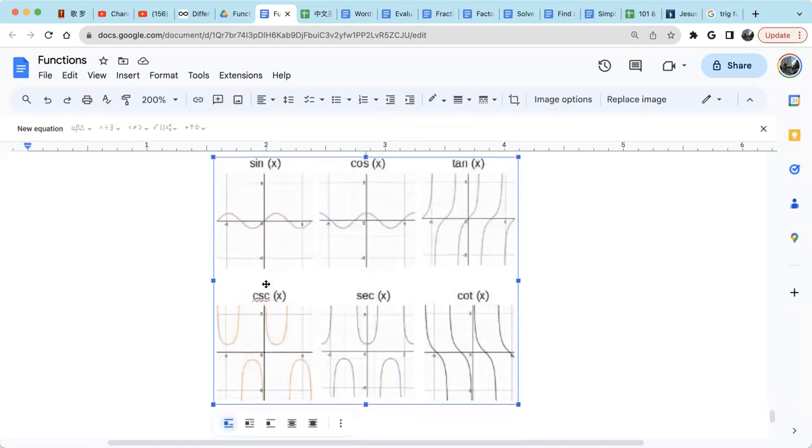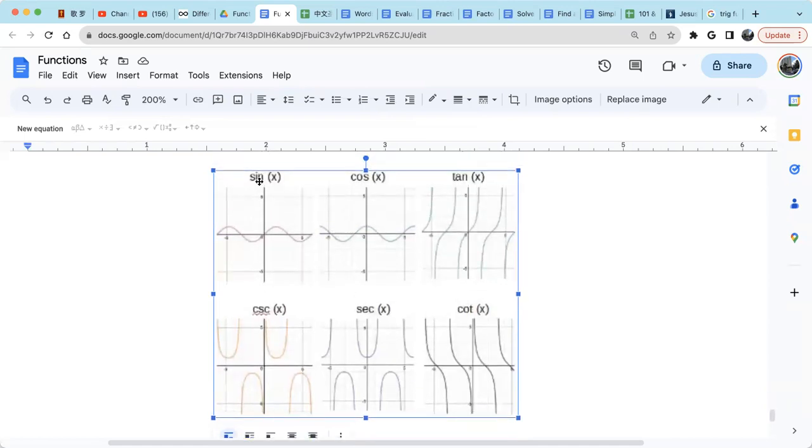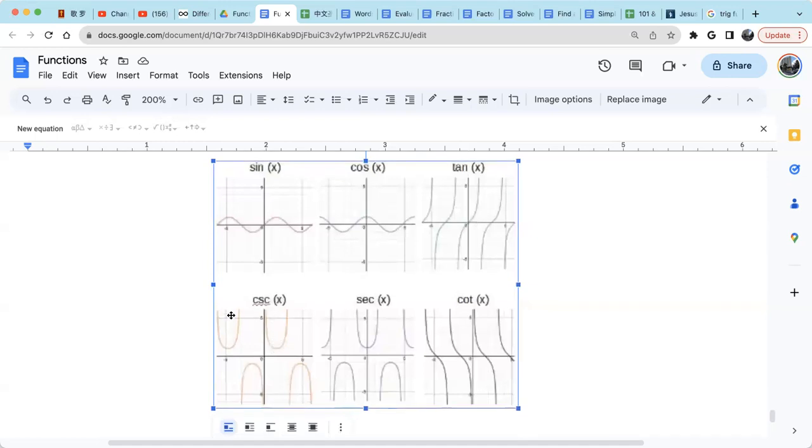This is cosecant. Cosecant equals 1 over sine. So you see the graph is different, almost like the opposite, right? Sine has no graph under this, but cosecant has this piece of graph. And then no graph above this, and cosecant has this.